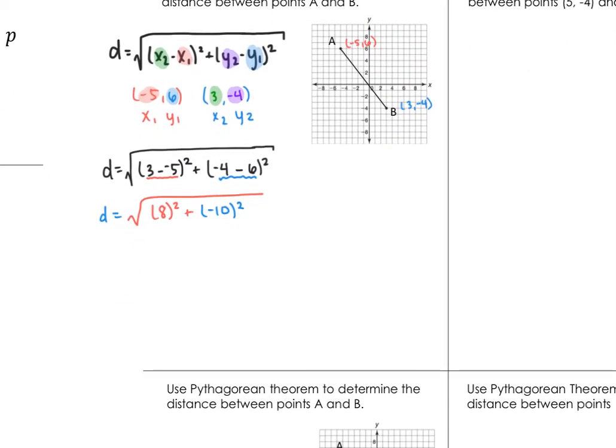Now we do the exponent. So 8 squared is 64, and -10 squared, -10 times -10, is 100. And then last thing we do is we add those together.